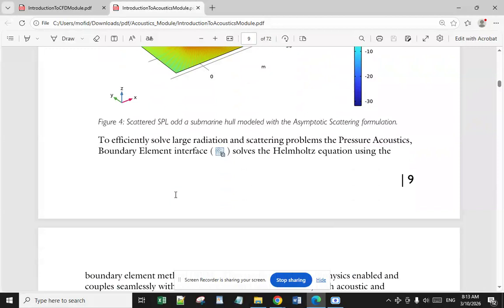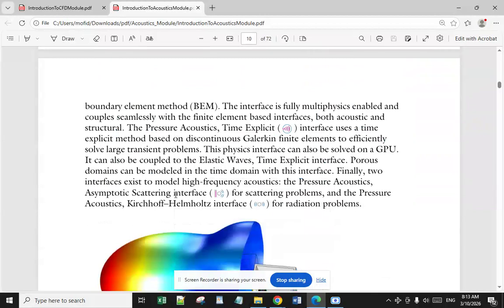To efficiently solve large radiation and scattering problems, the Pressure Acoustics, Boundary Element interface solves the Helmholtz equation using the boundary element method. The interface is fully multiphysics enabled and coupled seamlessly with the finite element-based interfaces, both acoustic and structural. The Pressure Acoustics, Time Explicit interface uses a time-explicit method based on the discontinuous Galerkin method to efficiently solve large transient problems.